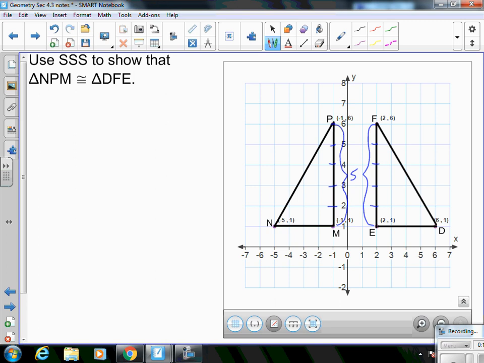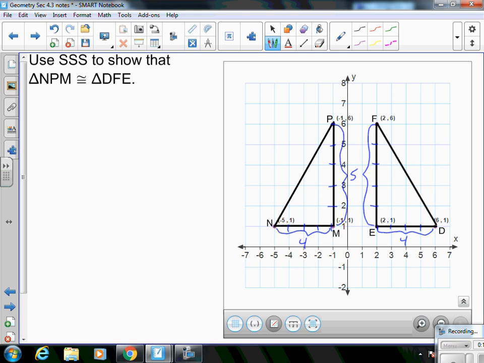And then we look at the bottom. We got N to M is 1, 2, 3, 4 units. And D to E is 1, 2, 3, 4 units.